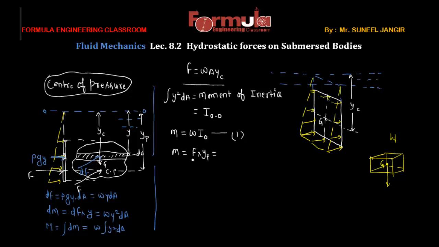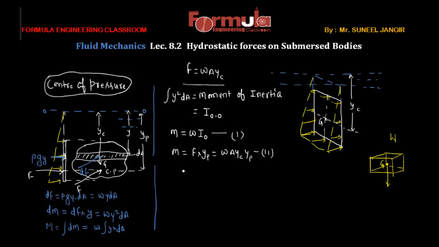Okay, we know this F is equal to W A yC. So we can write here W A yC, and this is yp. Okay, now from the principle of moments, the sum of moments about an axis, that is M equals W I naught, will be equal to the moment created by the total force about the same axis, that is W A yC yp. So these two equations 1 and 2 are equal according to the principle of moments.